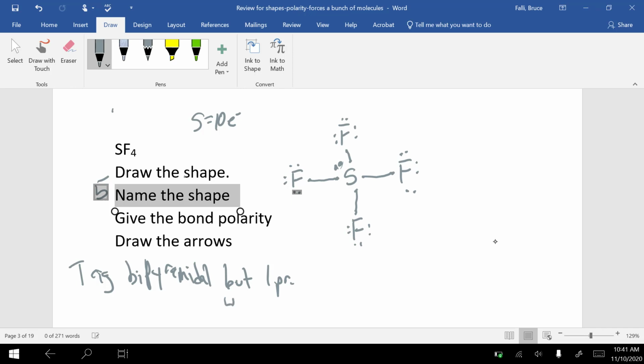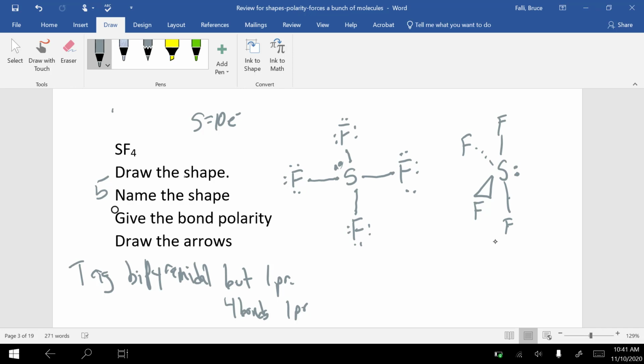So if I have 4 bonds and 1 pair, I'm going to look like this. And this is the shape. This is my drawn shape. And the name of that shape is seesaw.